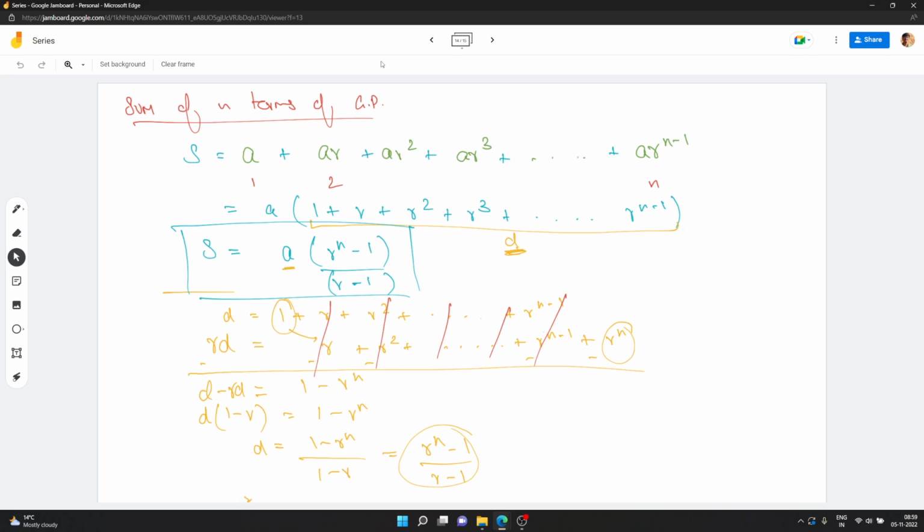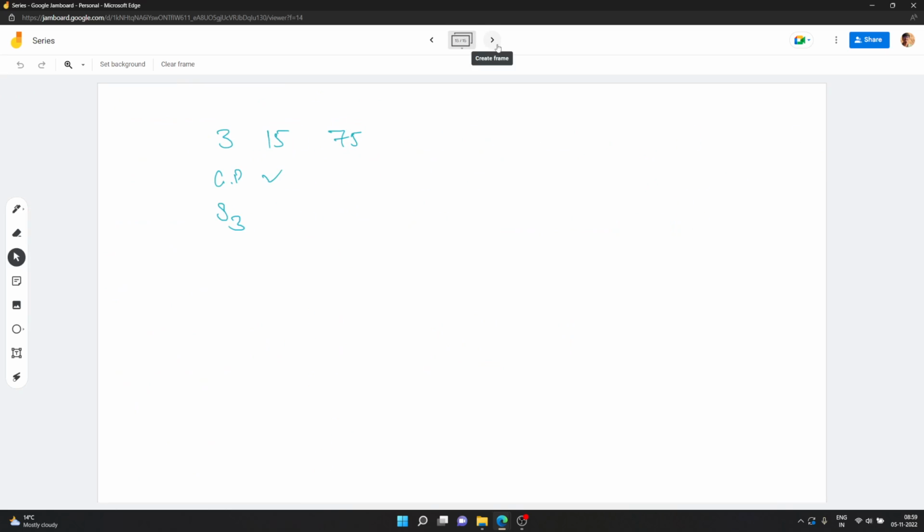And we have to find S3, right? The sum of these three. Of course, we know colloquially that the sum should be 15 plus 75 is 90, and 90 plus 3 is 93. But we also want our formula to give this out, so we'll just run it through.